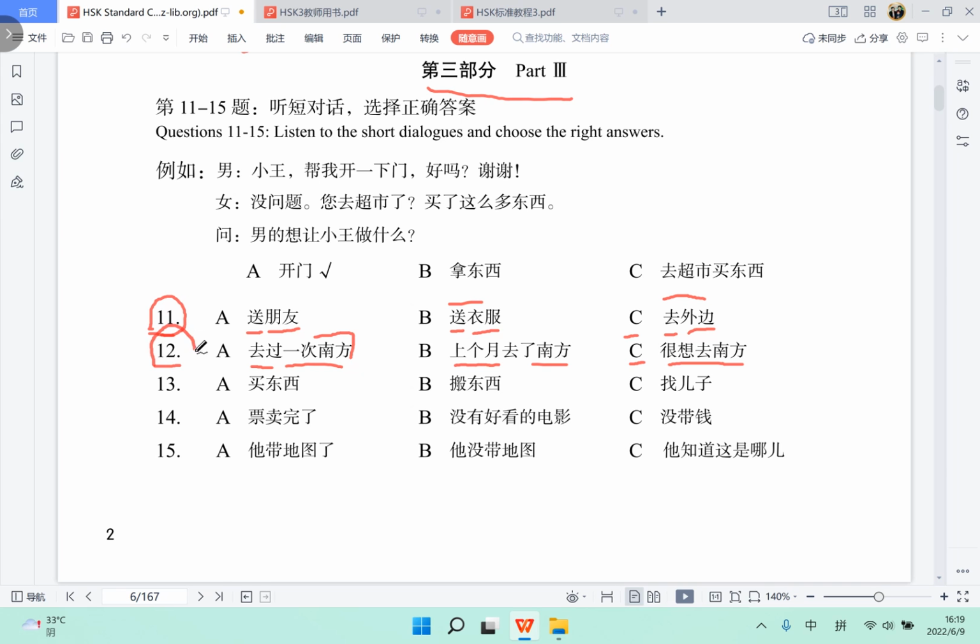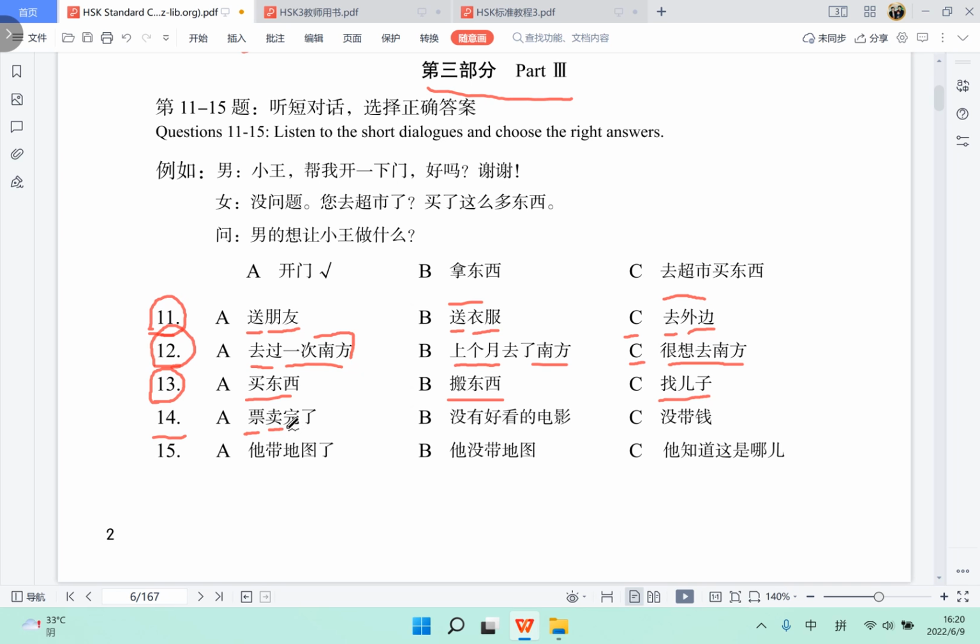It's about past experience. Number 13: A 买东西, buy something; B 搬东西, move something; C 找儿子, looking for my son. Still the same question: what are you doing?